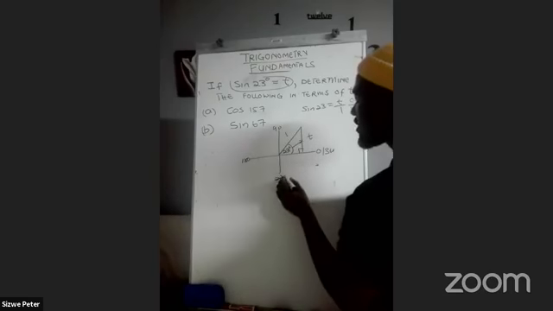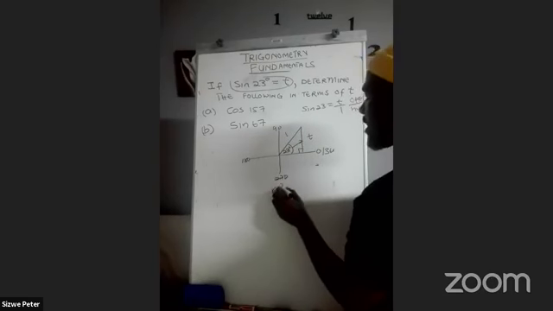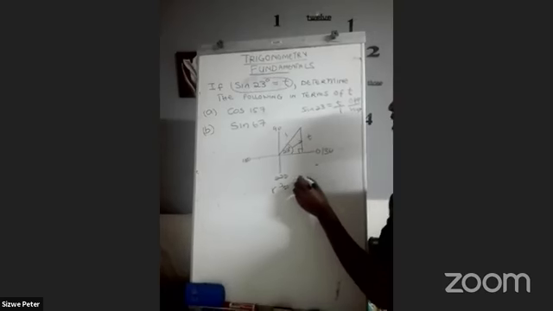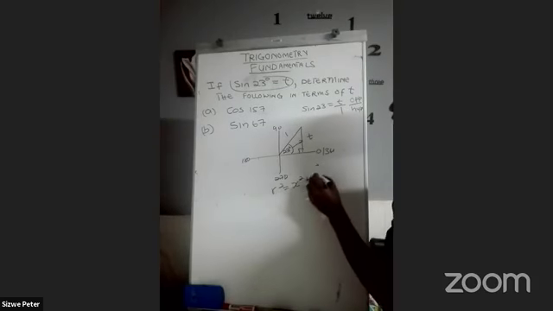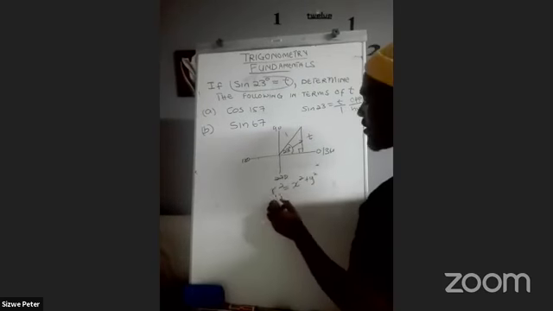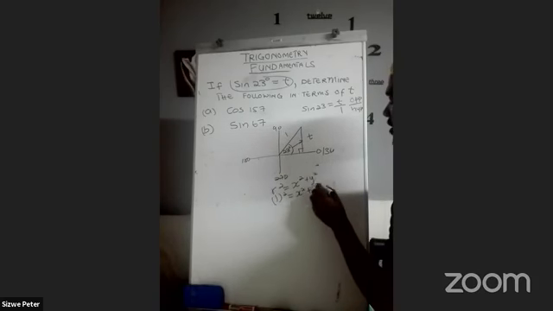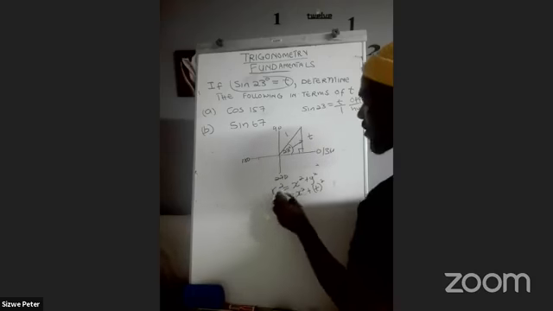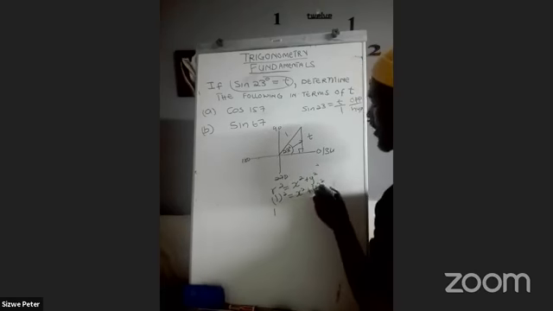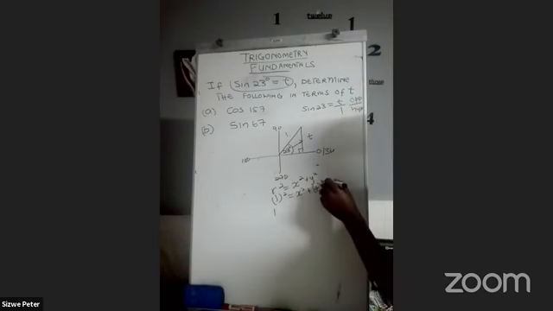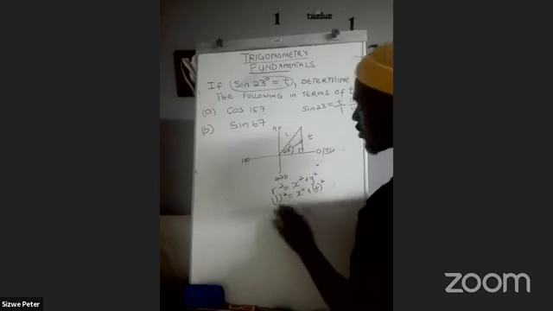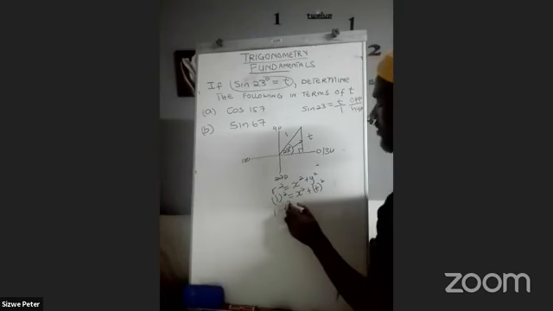How do you find the third side? Pythagoras: r squared is equal to x squared plus y squared. Your r is 1, so 1 squared is 1, and your y is t, so t squared. You take this t squared to the other side, it becomes negative t squared.